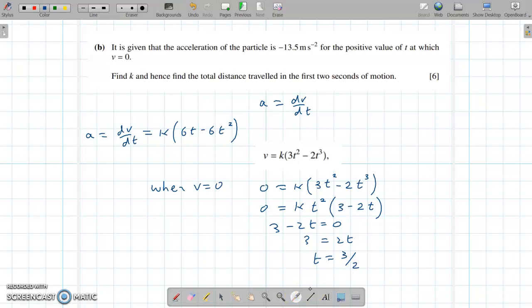So we can go back to this equation here, sub in a for minus 13.5 and t for 3 over 2, and solve for k.